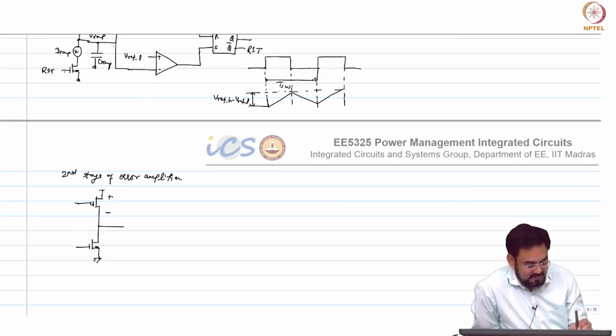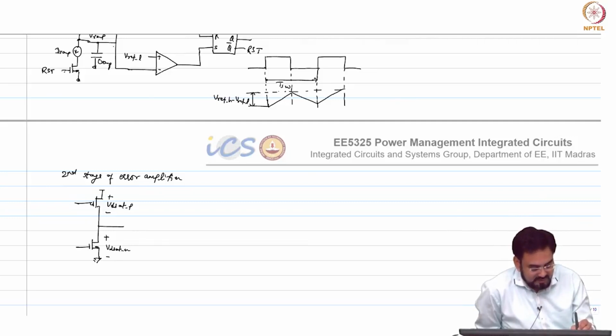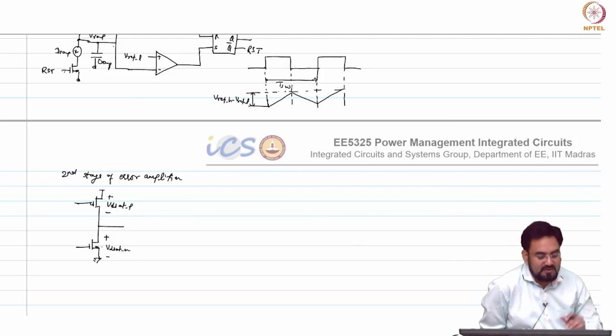So it has some VDSAT, and this also requires some, so VDSAT P and VDSAT N. So even if it's, let's say, 100 millivolt, you can go as low as 100 millivolt, or on the higher side you can go as high as VDD minus 100 millivolt.